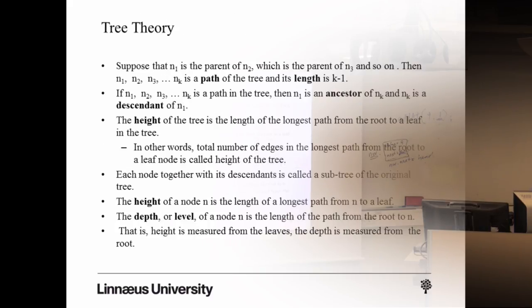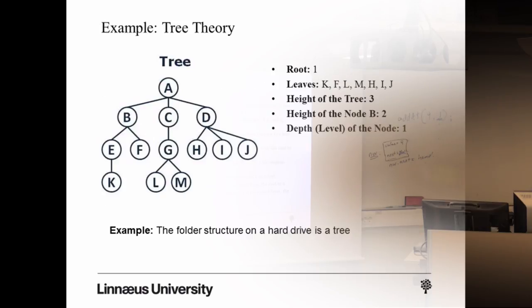And we also have the concept of ancestor and descendant. Basically, the parents are known as the ancestors. In this case, A is the root node, so it is the ancestor of all the sub-nodes, and descendants are the children.